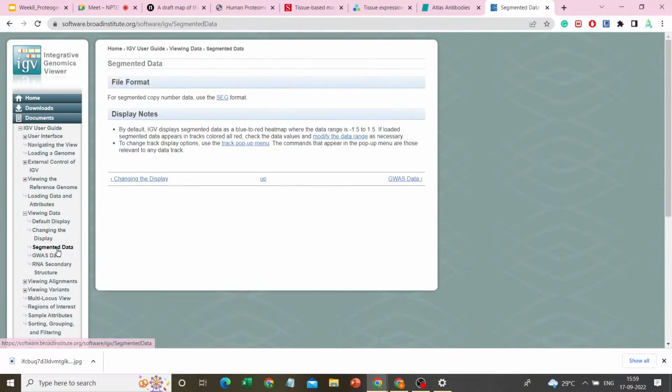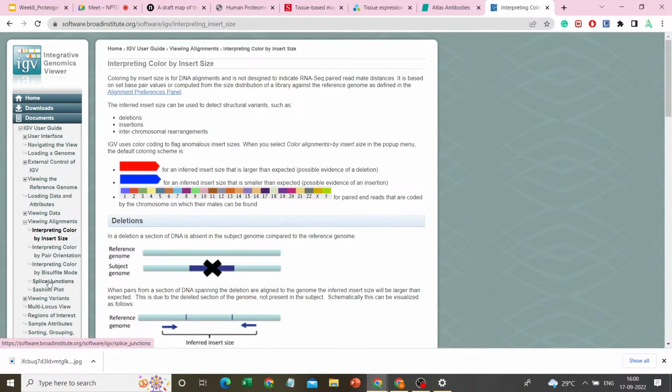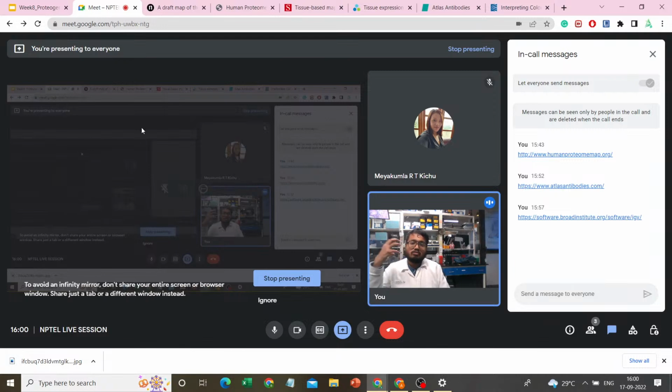If you have the segmented data, the major thing now is viewing alignments and interpreting the color. What is interpreting color by insert size? When we are mapping, we are generally looking for what is not getting matched, what mismatches are present, or what is getting inserted, deleted or added in the genome.